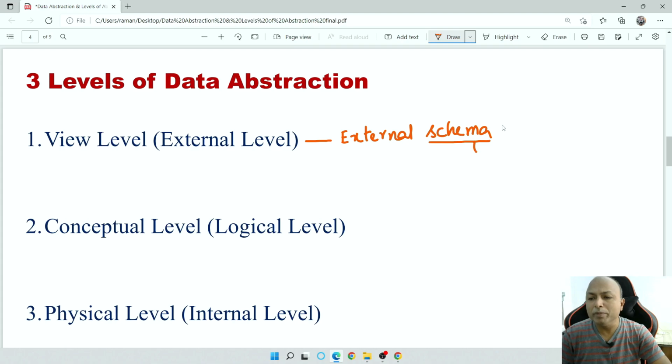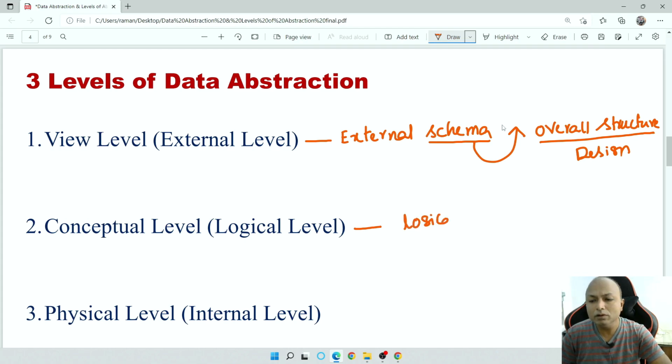We know what is meant by schema. Schema is nothing but overall structure, or you can say overall design. The schema at the view level is nothing but external schema, whereas the schema at the logical level is called logical schema.